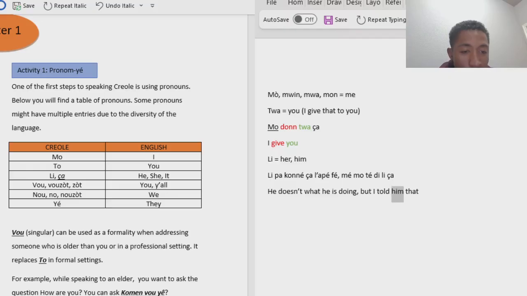So you see 3 L's. Li, L apostrophe, and li. So this li is the personal pronoun, which is your direct pronoun, which becomes he. So I'm gonna put this in, pick a color, any color.